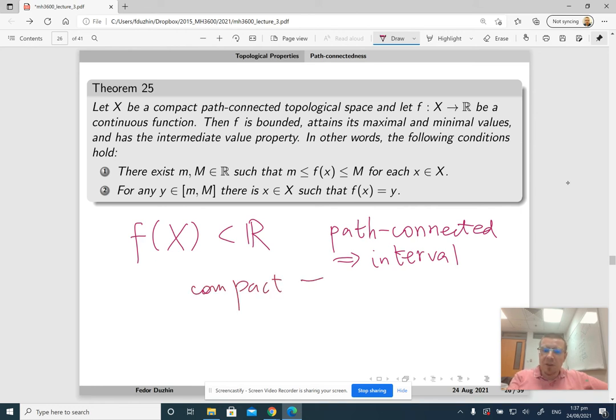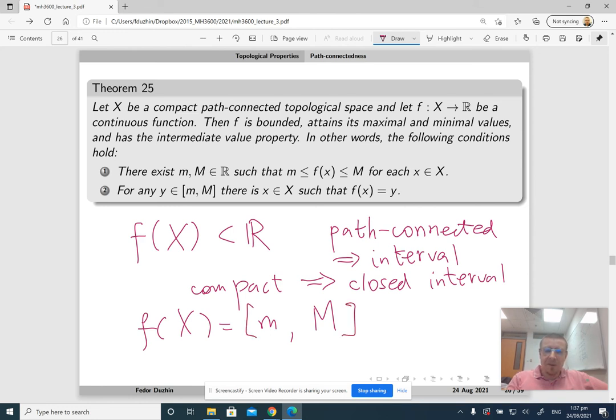And since it is compact, it means it is not any interval, but a closed interval. If f of X is a closed interval, we are going to denote its left endpoint by m and its right endpoint by M. Notice that the statement of the theorem is essentially equivalent to saying that the image of our function is some closed interval. So that's it.